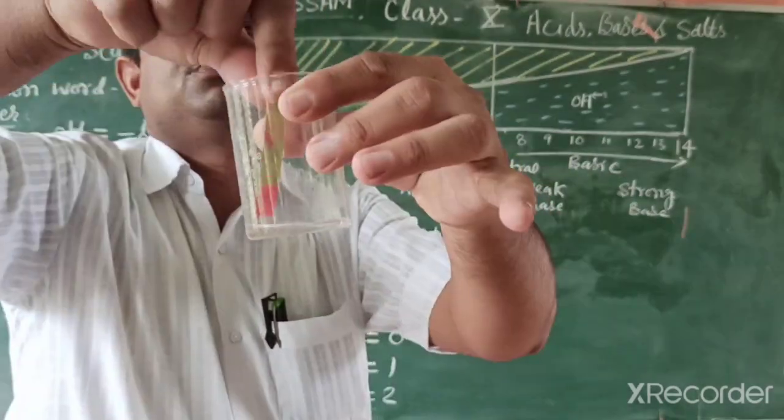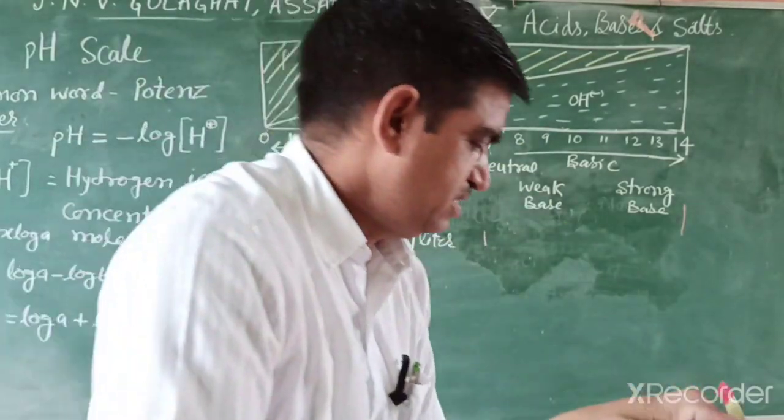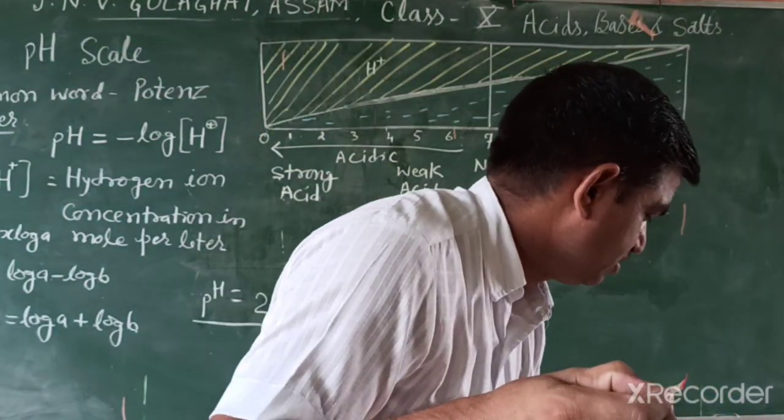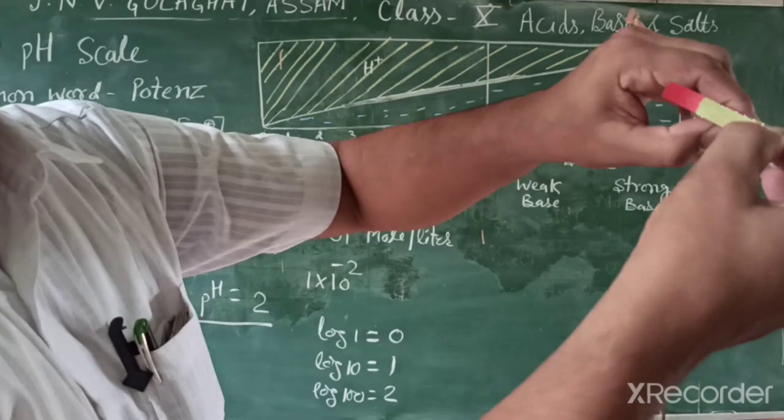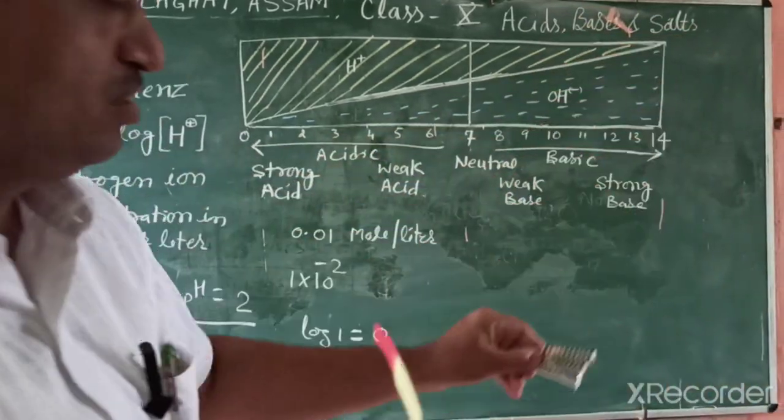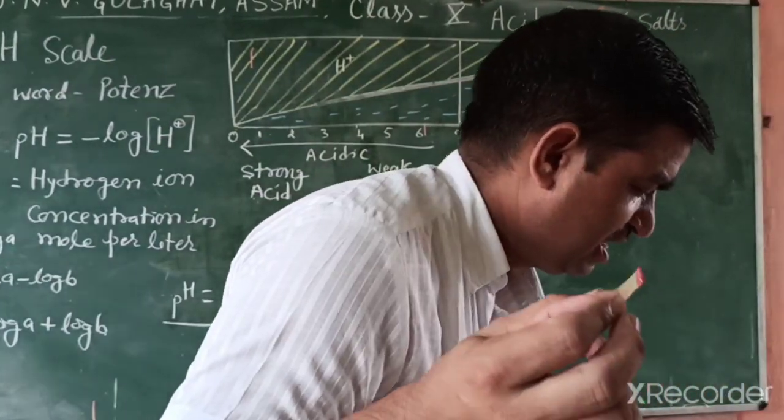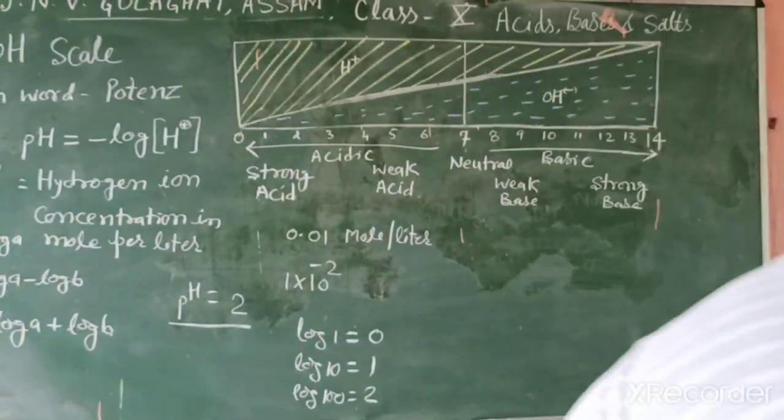It again changed into red color. So it is also a very strong acid, because its color is red. HCl and H2SO4 both are strong acids.